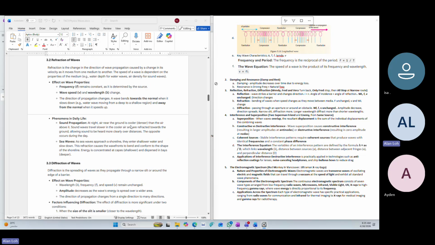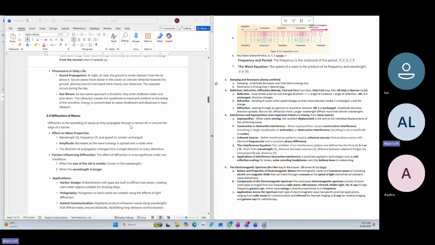Okay, let's do the second part of drawer number 3, from phenomena until this long distance communication. Let's start now.